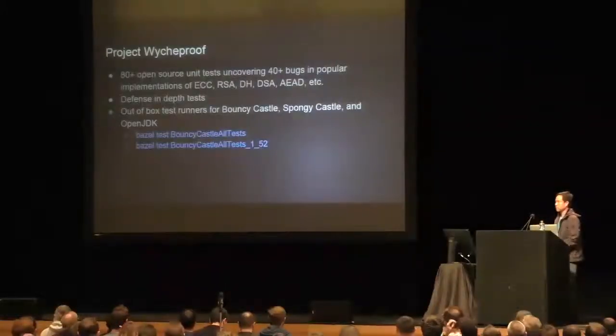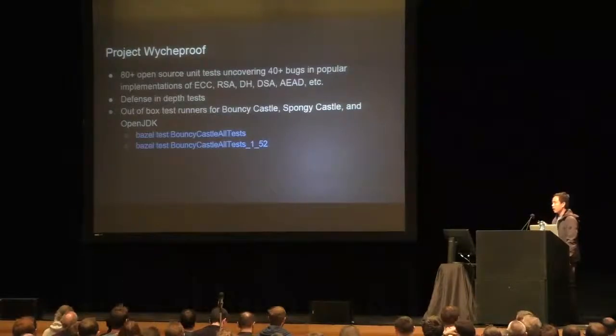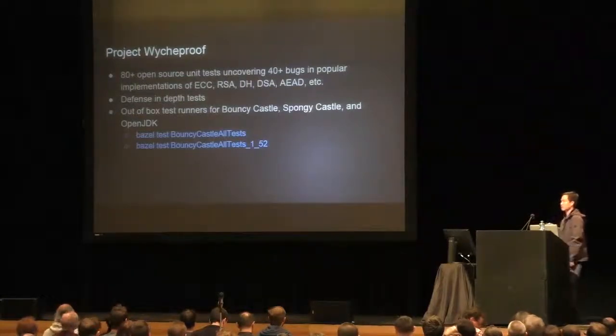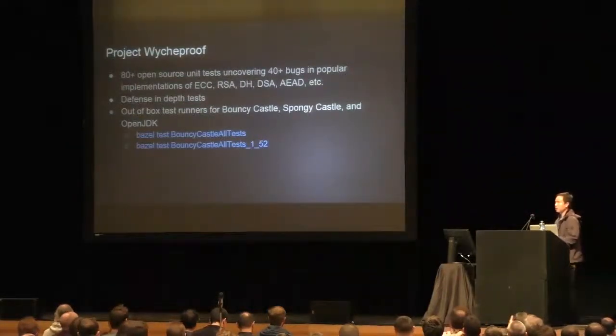So these observations have prompted us to develop Project Breach-Proof, which is basically a set of open source unit tests that check the crypto libraries for known problems or expected behavior. So far, we have more than 80 unit tests. And when we run the tests against the libraries that we use, we found more than 40 bugs.